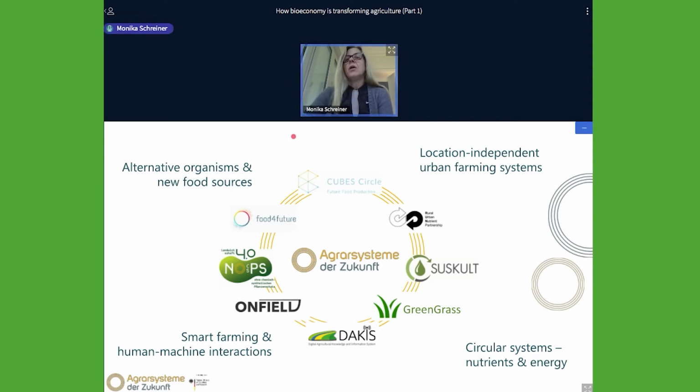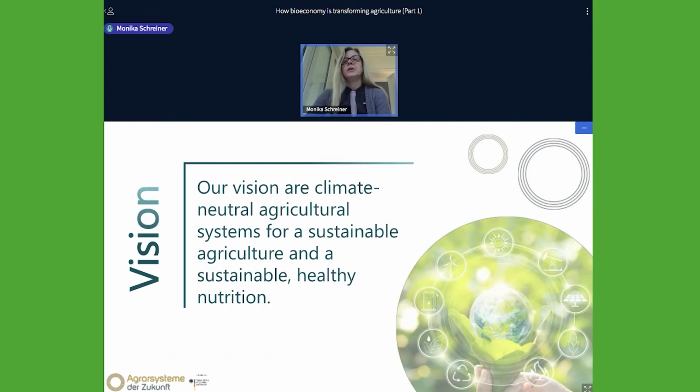And all these 8 consortia share one vision. Our vision is climate neutral agricultural systems for a sustainable agriculture and for a sustainable, healthy human diet. And having this vision in mind, we could draw up a future scenario.